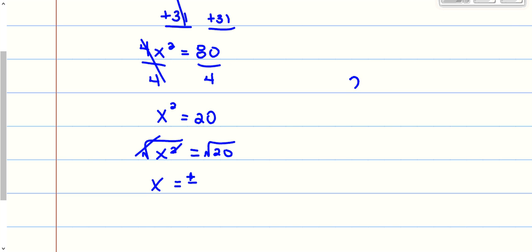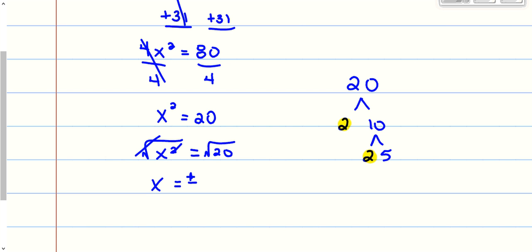So if I look at a factor tree with 20, the smallest number that's going to go into 20 is 2. Well, that's going to be 2 times 10. Factor 10, and that's 2 times 5. So those are all my prime numbers, 2, 2, and 5. So if I look at that, then 2 times 2 is 4. 4 is a perfect square.